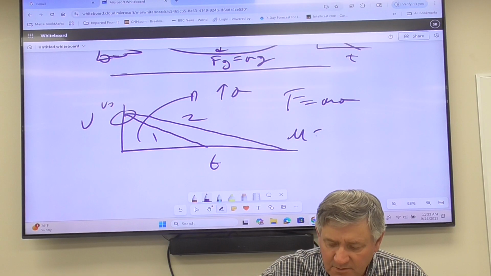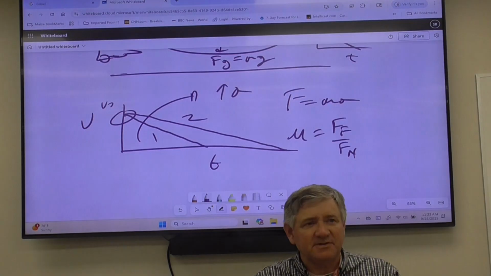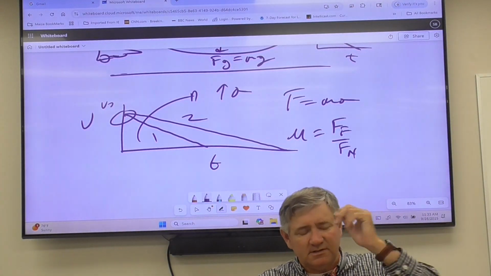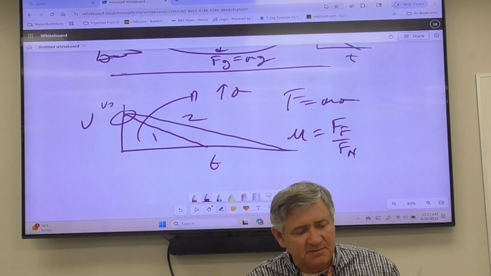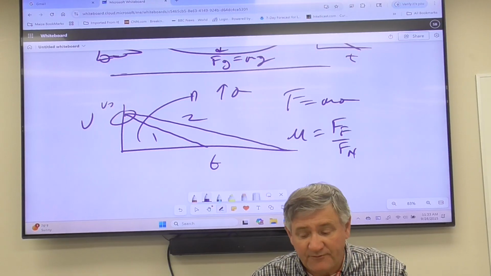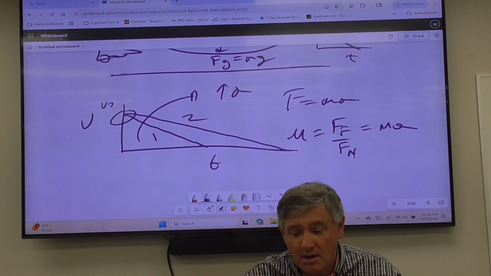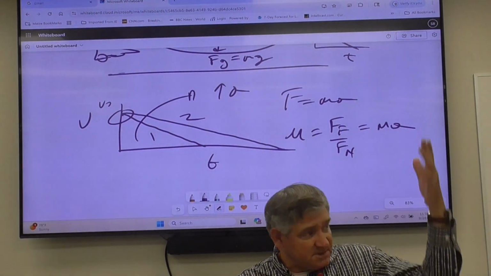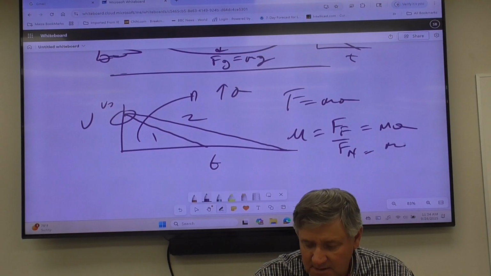If you look at mu equaling force friction over force normal. Okay, this is just a simple, it's kind of a cool way to look at this. Well, force friction can equal mass times acceleration, which is what we're going to do here on number 9. Okay? So force friction can also be written as mass times acceleration. Well, force normal, which is the same as your gravitational pull, is mg.